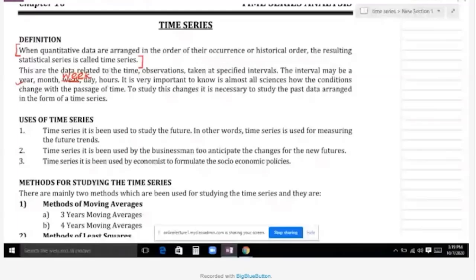Yes, madam. There exists an inverse relation, madam, between price and demand.